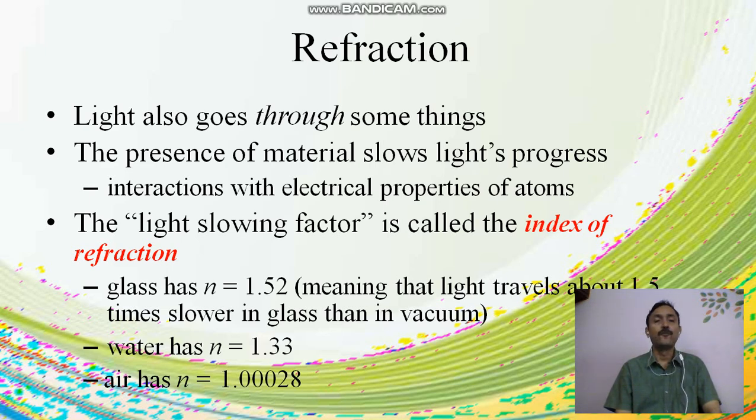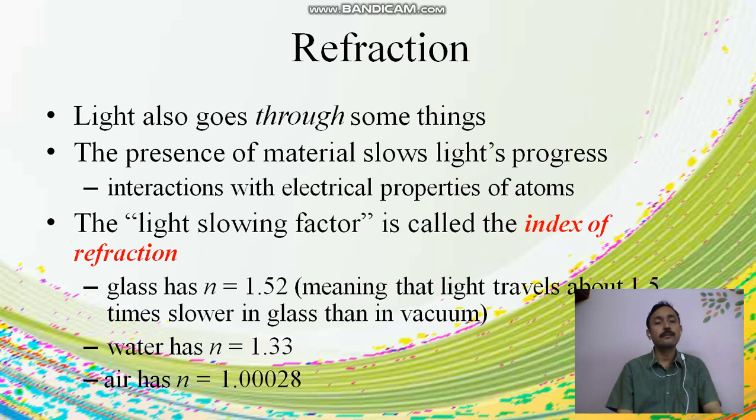Glass has refractive index n equal to 1.52, meaning that light travels about 1.5 times slower in glass than in vacuum. Water has refractive index 1.33, meaning that light travels about 1.33 times slower in water than in vacuum.